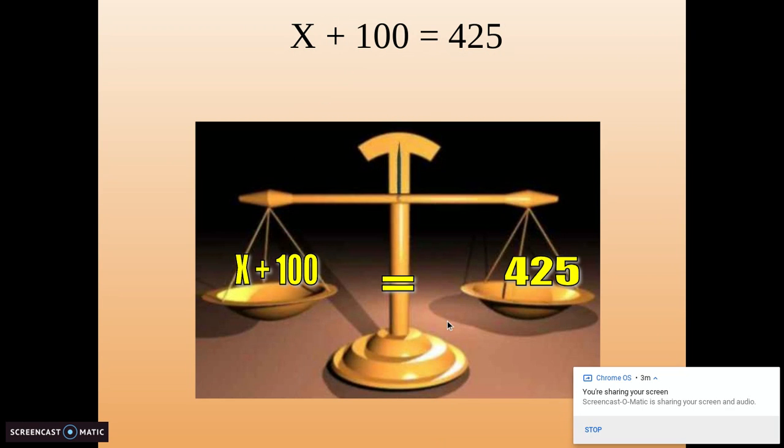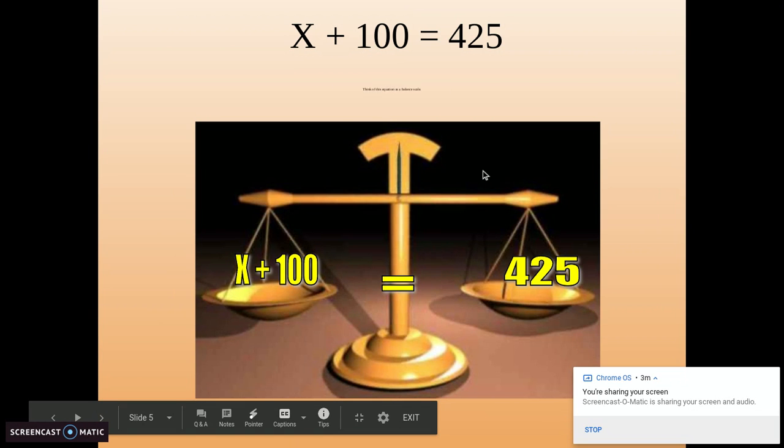Consider that to be like a balance scale. In a balance scale, you have two pans, and this equal sign means that the balance is always equal. So whatever is on the left side of the pan should be equal to the right side of the pan. With this condition, it will help us to know the value of this unknown variable.